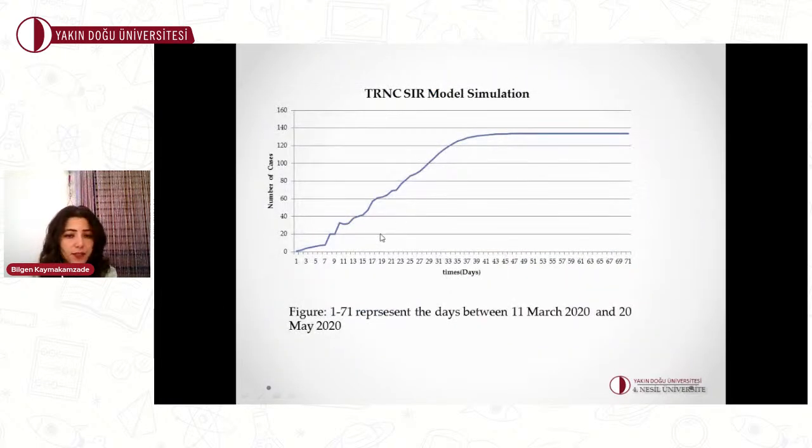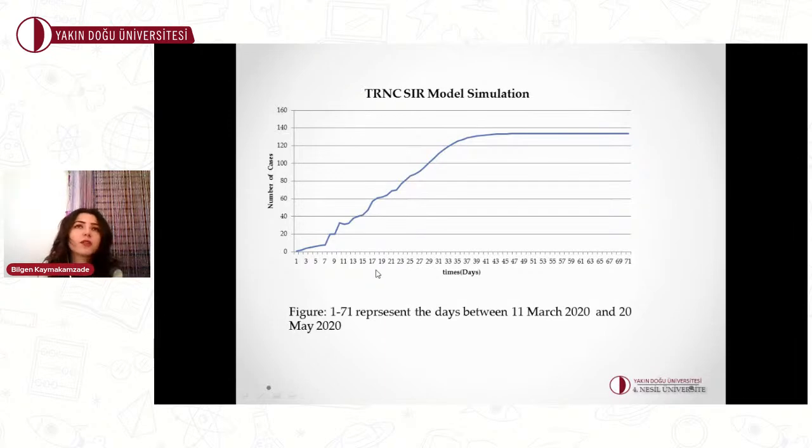And this graph shows the first wave of COVID-19 in our country. We say that around 140 persons will be infected. And we took control, we locked down, and we obeyed the rules, and we fought these illnesses.